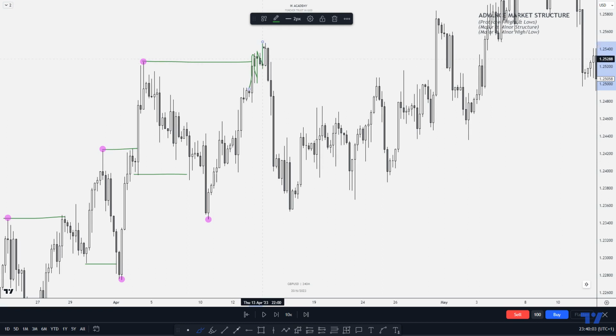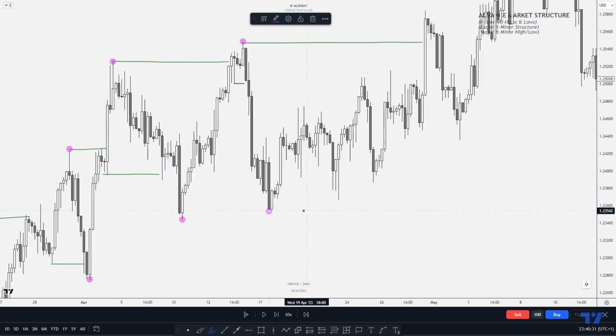You can also see this one. So our inducement is here, and then price went to the extreme point, and then we have our break of structure here at this point. So this is our higher high and then higher low, and you can clearly see that.